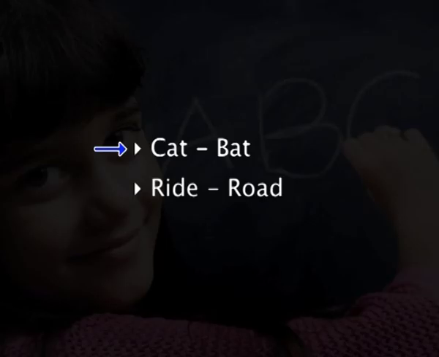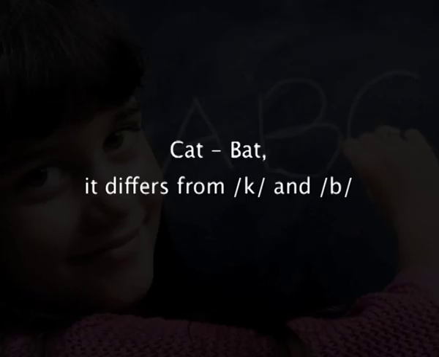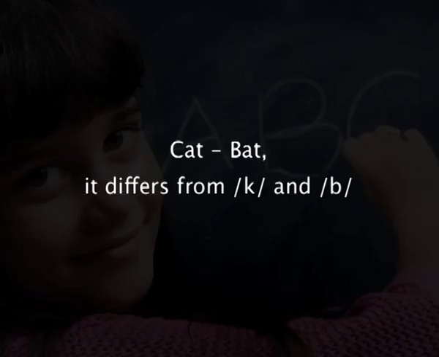For example, cat, bat, ride, road are minimal pairs, because if we analyze the pair cat, bat, it differs in the ka and ba sounds, and both ka and ba are consonant sounds at the initial position of the two words. Let's again repeat it. Cat, ka at initial position, bat, ba at initial position.